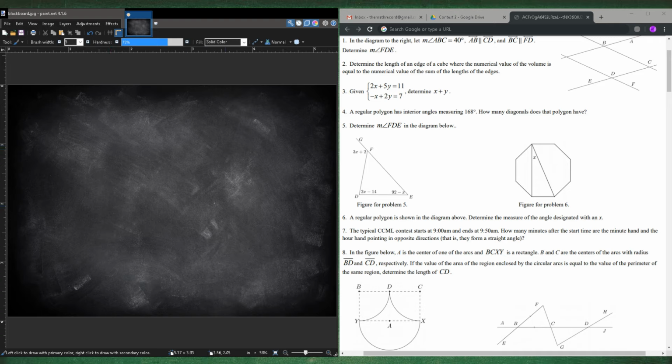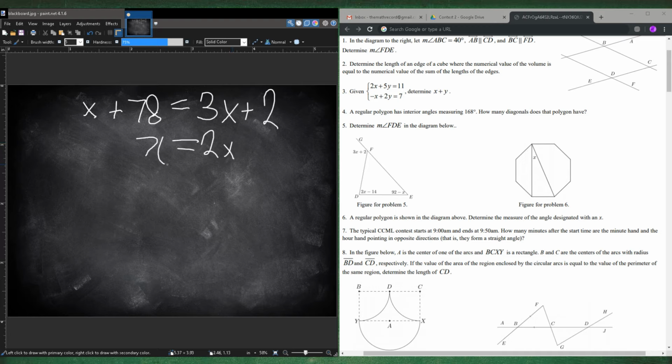So we have 2x minus 14 plus 92 minus x, which adds up to 2x minus x, which is just x, and negative 14 plus 92 is 78. So you have x plus 78. And that equals the exterior angle, which is 3x plus 2. So you move x to the other side, so you get 2x, and you subtract 2 from 78 to get 76.